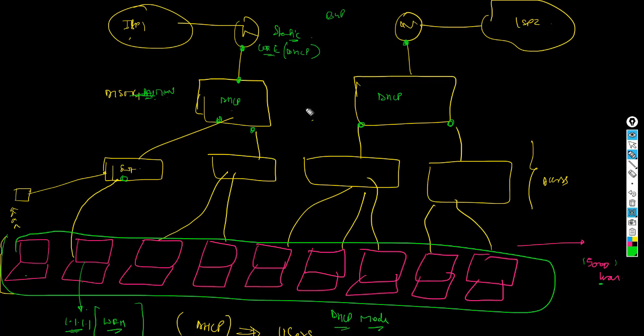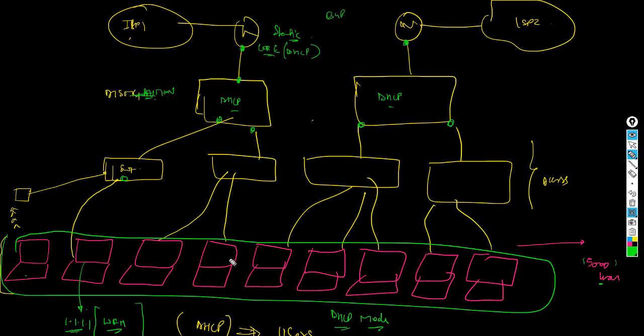So how is that going to help me? If I configure DHCP here, what happens? From the network administrator's point of view, let's say we have 100 users who visit the office on a daily basis.